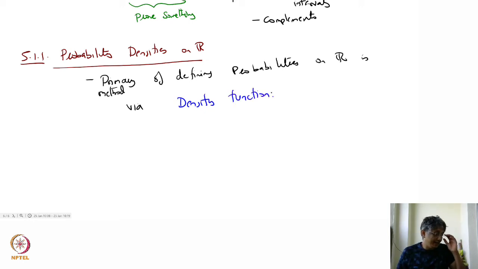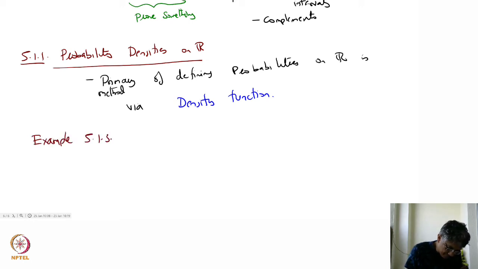I will illustrate that in the next step, in the example. So here's an example, example 5. Here the idea is the following: I'm going back to my experiment of choosing a number uniformly in 0, 1.